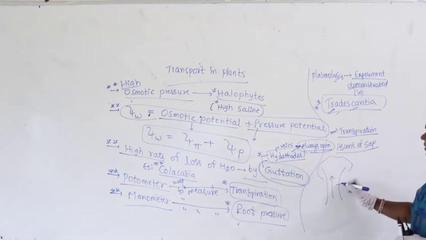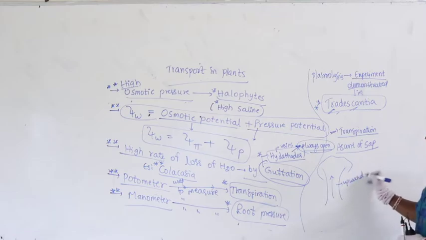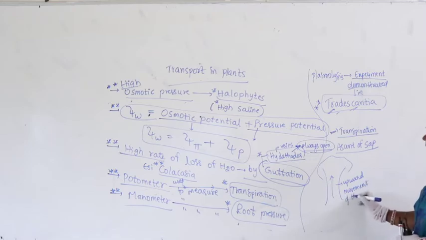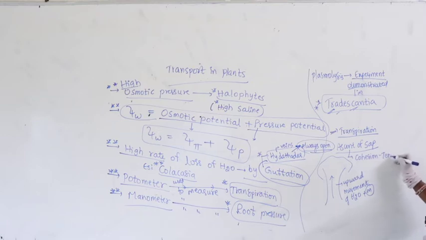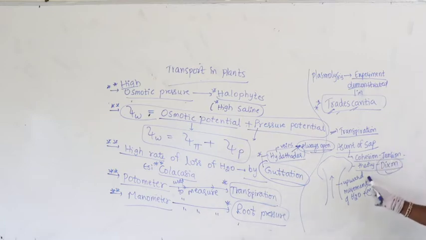The ascent of sap was widely explained with the cohesion tension theory, which was given by Dixon. Dixon is a scientist who gave the cohesion and tension theory, which explains the ascent of sap, that is, the upward movement of water.